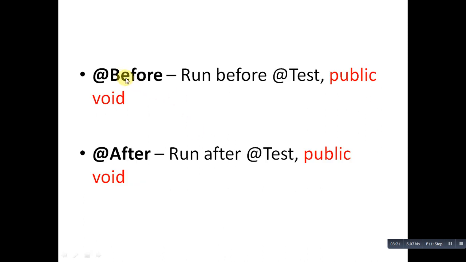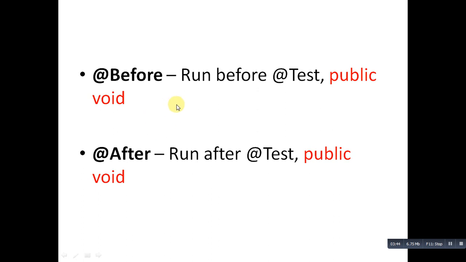Next is @Before. Whatever we define within these two methods here is going to be executed each time a test case runs. So if you have one test case, then you are going to have two executions of these methods.